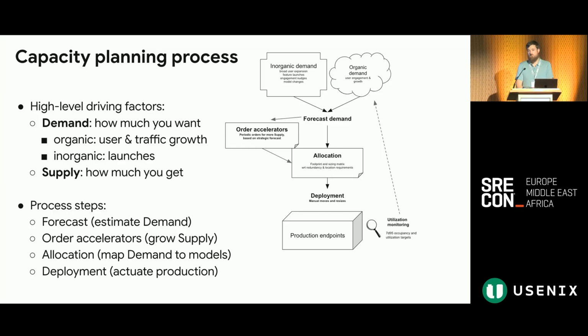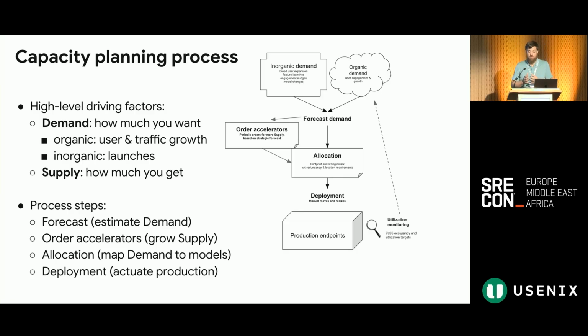And that can be by buying more supply or buying accelerators or moving them around within your company or increasing how many you rent from someone else. And we break down demand into two types. Organic demand is sort of natural traffic growth, user engagement increasing. And inorganic demand is when we launch something new. We make a new feature, we add a call out in the UI that causes more people to use something.